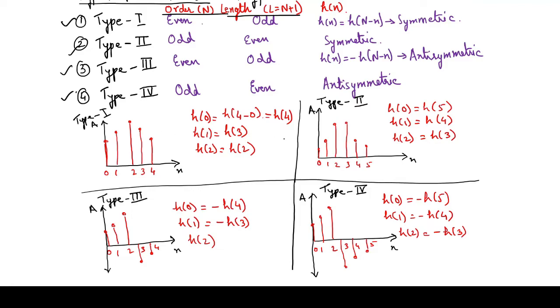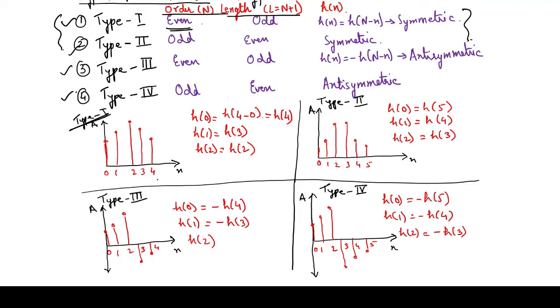Now the type 1 and type 2 filters are regarded as the symmetric filter. Why are they regarded as the symmetric filter? Because they follow the equation h of n equals h of capital N minus n. Let us take the example of the type 1 filter where the order of the filter is even.